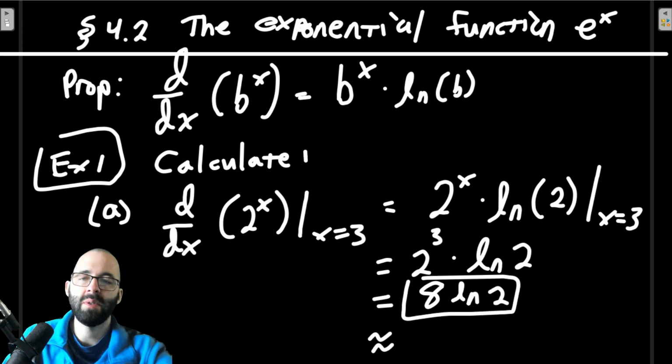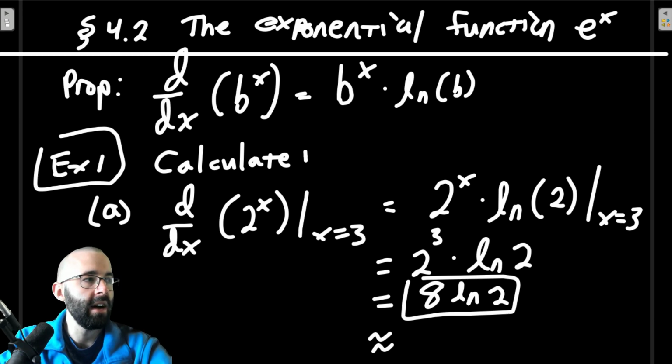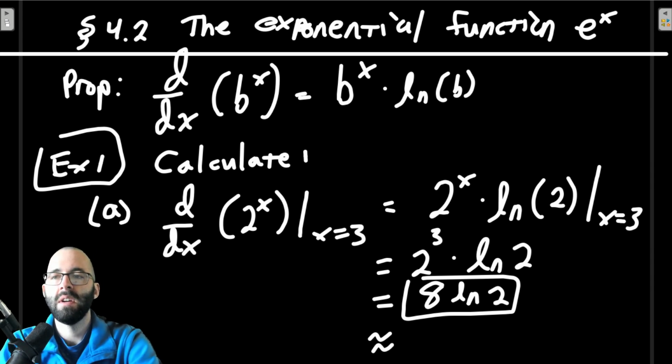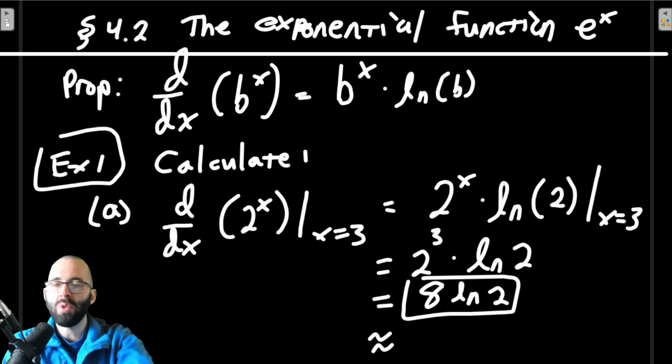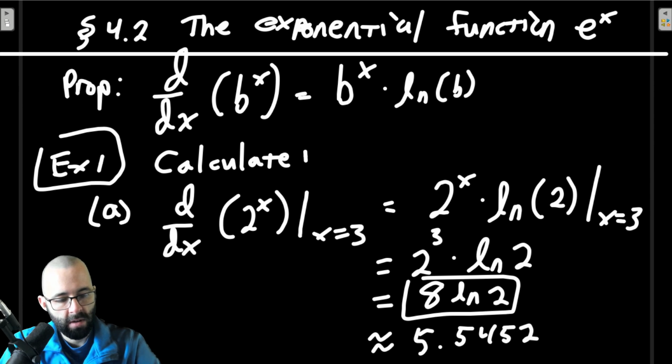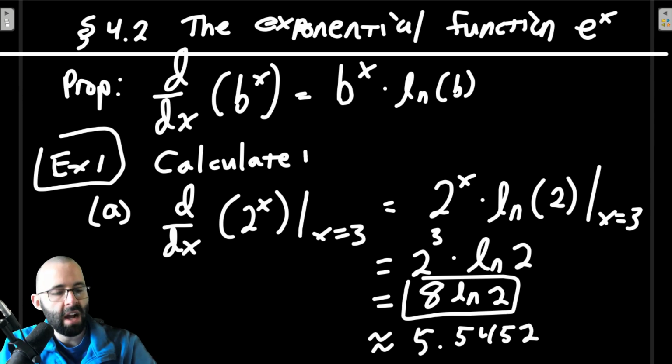If you did type this into a calculator, 8 times the natural log of 2 is going to be 5.5452. So you can have either answer here. Usually exact answers are better unless we're doing applications though.